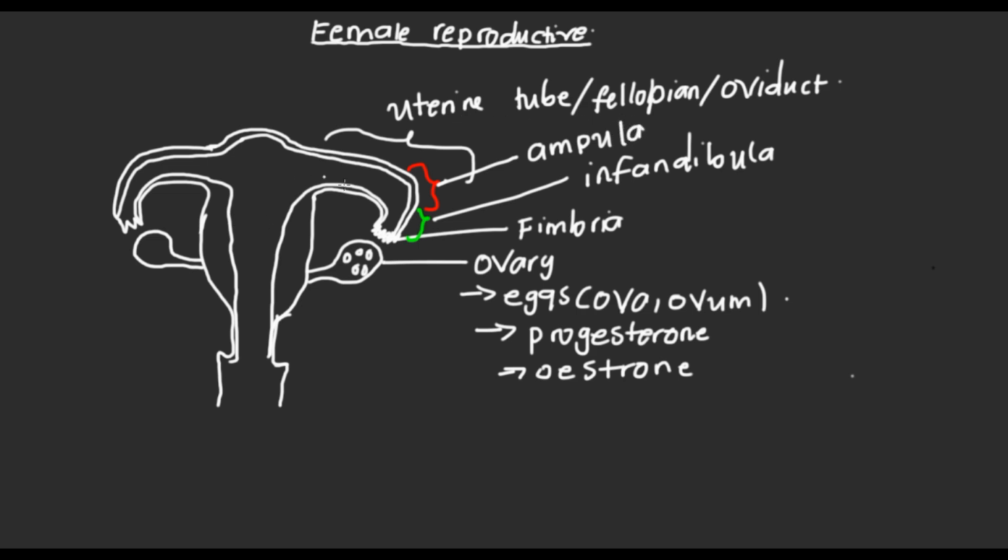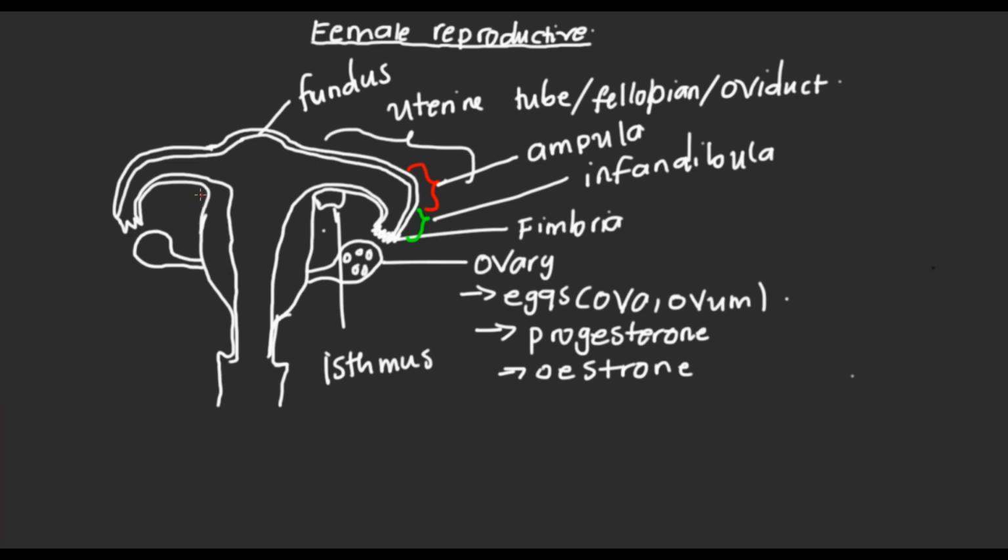Now we also have somewhere here the isthmus. Right, now this structure here is called the fundus. Then away from these structures, now let's look at this structure here.